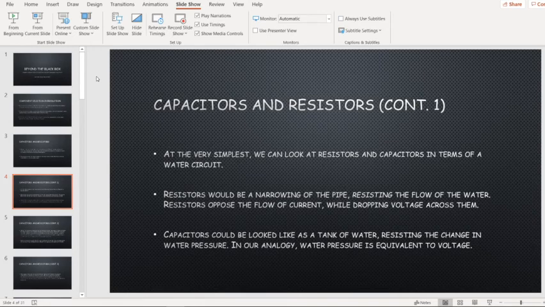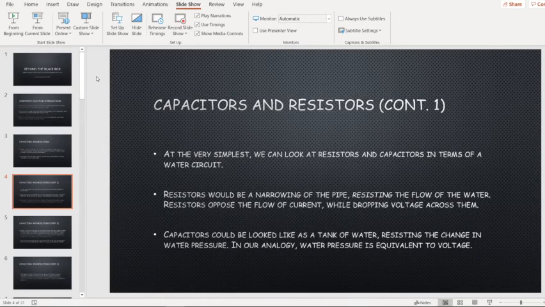Okay, so at the very simplest, we can look at resistors and capacitors in terms of a water circuit. What I mean by that is, say you have a bunch of pipes and some pumps somewhere, and there's a tank. In this analogy, resistors would be a narrowing of the pipe, resisting the flow of the water.